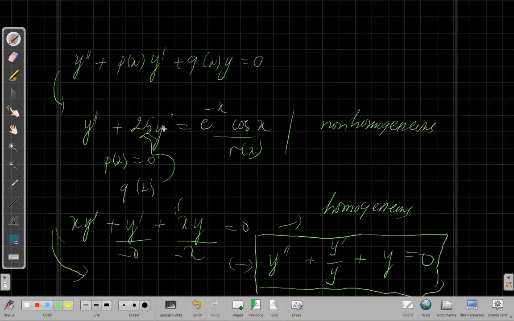That is the concept of the homogeneous linear ordinary differential equation of second order.